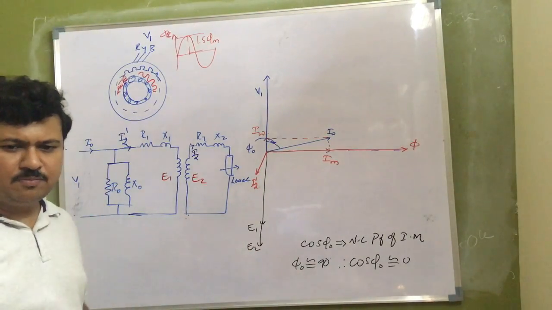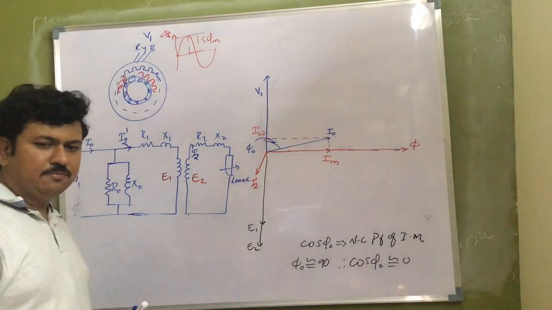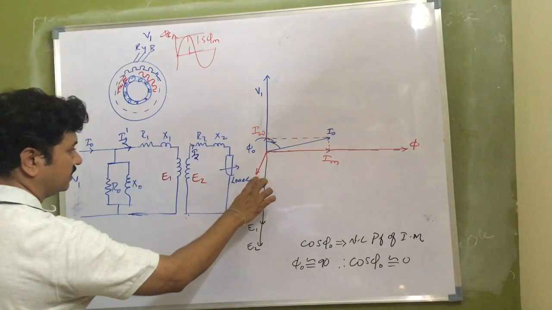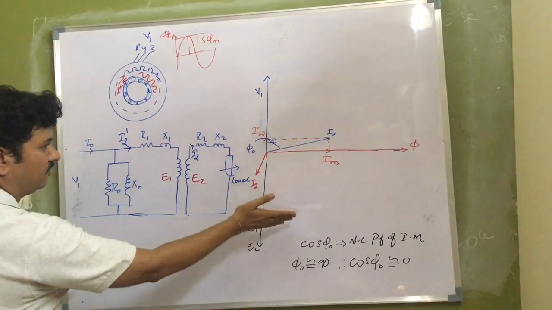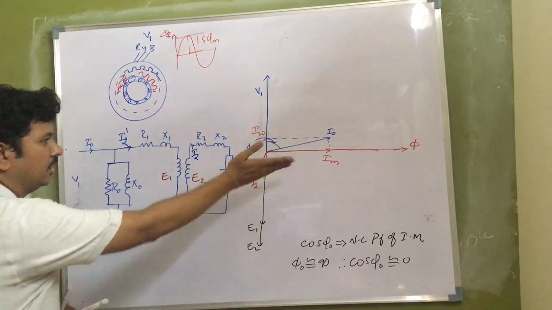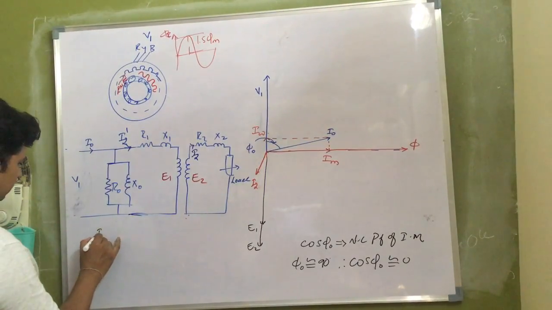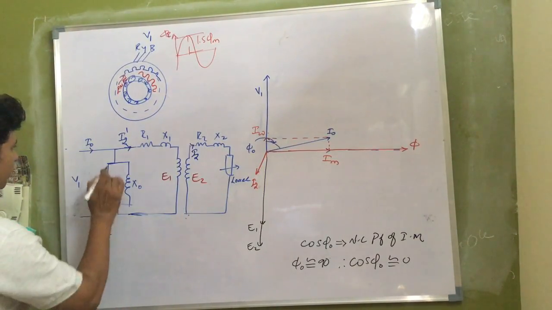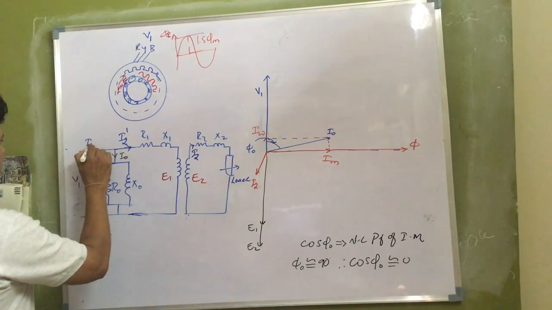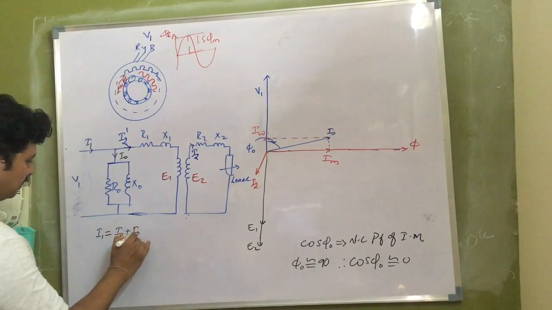A small load is applied, a small load current is drawn. Now what is I1? This is I2, not I2 dash. Below the flux axis it is secondary, above the flux axis it is primary. That is rotor and stator. Now what is I1? This is I0, this is I1. Now I1 is equal to I0 plus I2 dash.